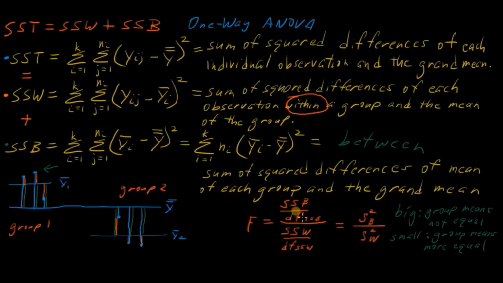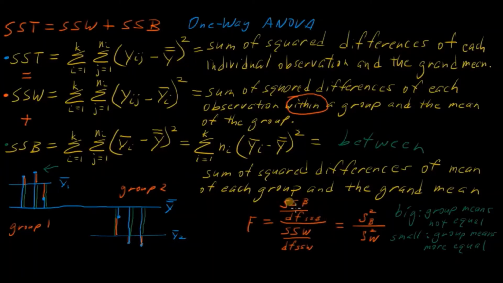From these you would get your population variances. You would have to divide by degrees of freedom, because these are all just variability. They're not variances. They're looking at spread, but for true variance you have to divide by degrees of freedom, as you hopefully know if you've gotten this far in a statistics course.